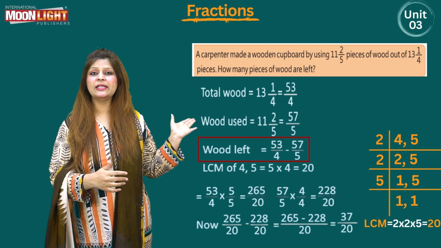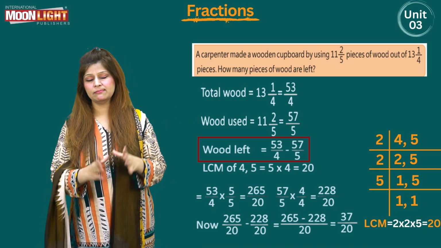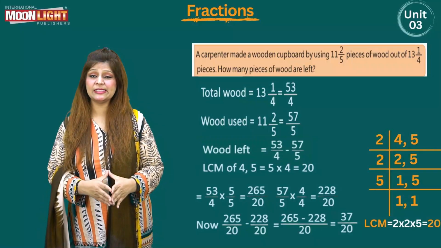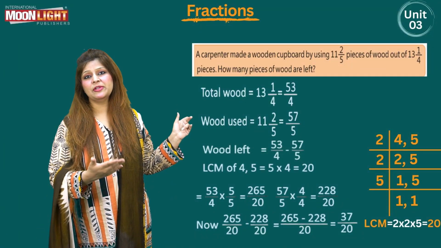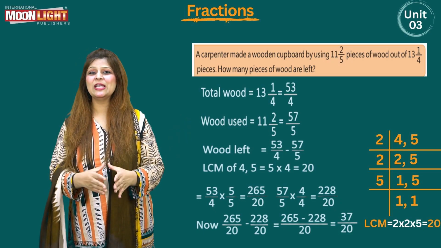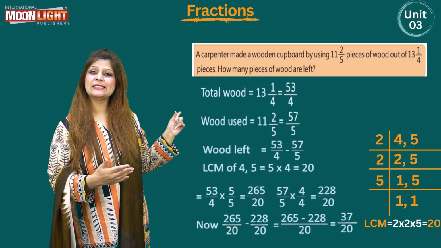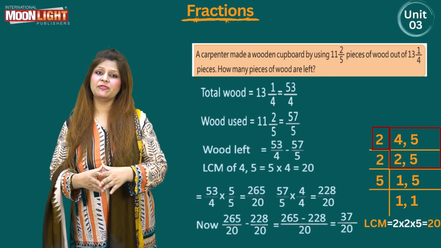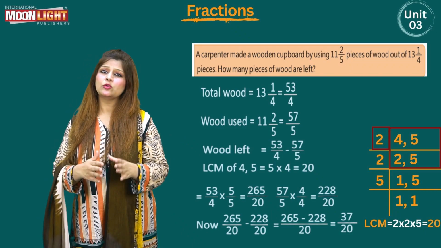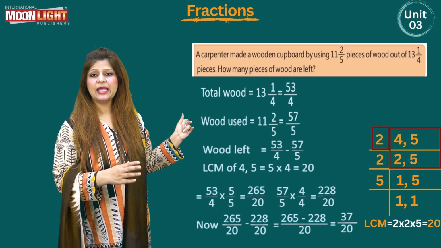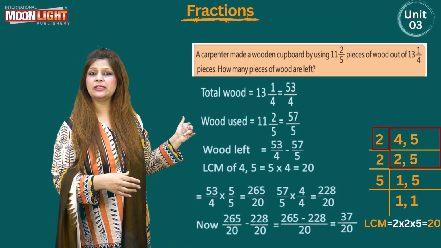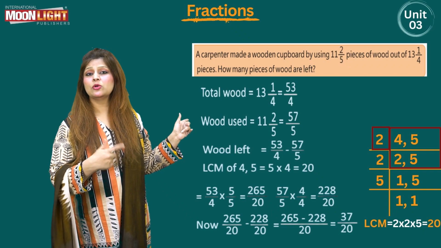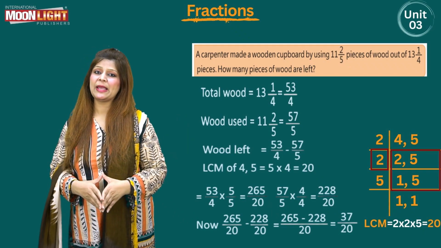And you know that the denominators over here are not the same. So you are going to take the LCM to find out which common denominator will be over here. So right now I'm going to take the LCM of the numbers 4 and 5, which are the denominators. So 2 2s are 4, and 5 will come as it is. Now again, dividing by 2, 2 ones are 2 and 5 will come as it is.